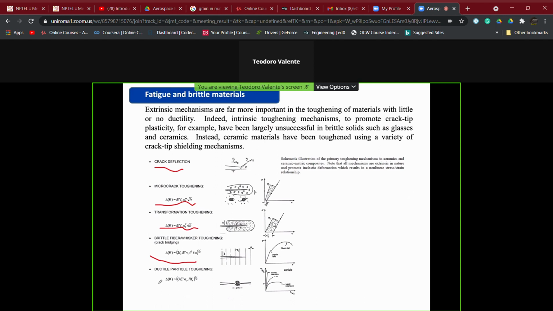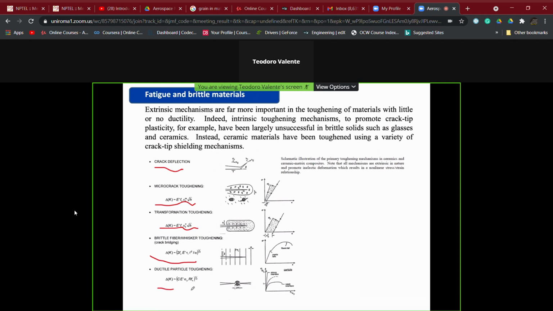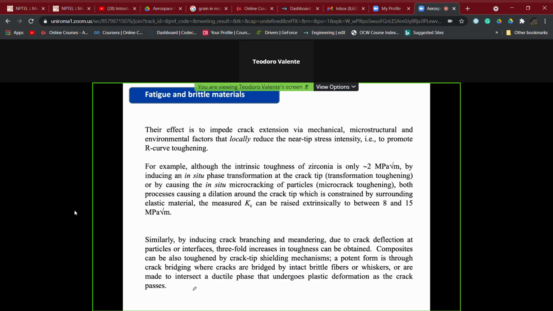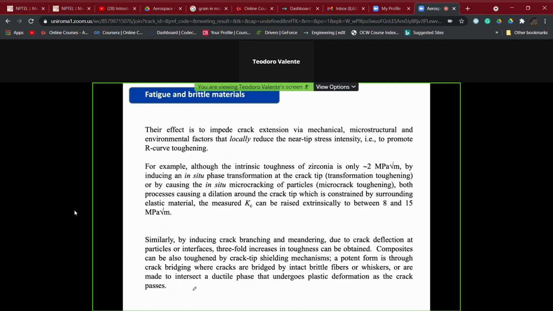There is also the possibility to insert ductile particles inside brittle materials. In this case, we can have extrinsic phenomena which are called ductile particle toughening. The effect of these extrinsic mechanisms is to contrast, not to impede, the crack extension by mechanical, microstructural, and environmental factors that locally can reduce the near-tip stress intensity.